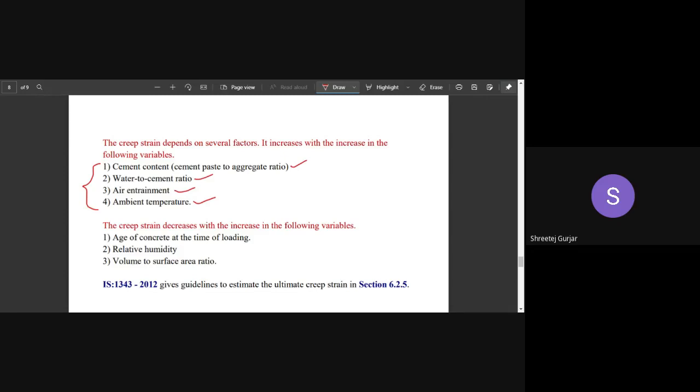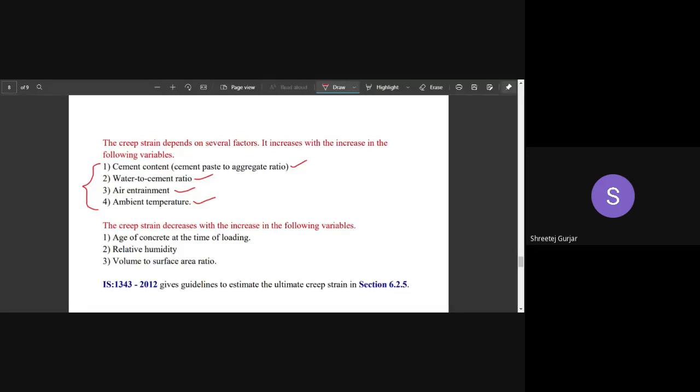So we try to keep our concrete at the ambient temperature. We try to maintain the concrete temperature and the environmental temperature the same, because if there is a large difference between the ambient temperature and your concrete temperature, there will be more expulsion of water from your concrete. That will cause creep as well as shrinkage.